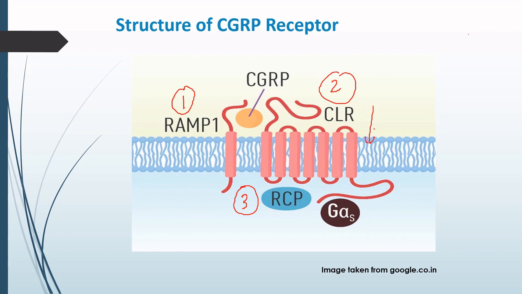Once the CLR is incorporated into the plasma membrane, there will be a formation of the heterodimer between the RAMP1 as well as the CLR. And once this heterodimerization occurs, then this CGRP protein will be able to bind to its receptor. So once the CGRP protein binds to the receptor, then with the help of this RCP protein, the G protein coupled receptor component will be activated and there will be further downstream effects.